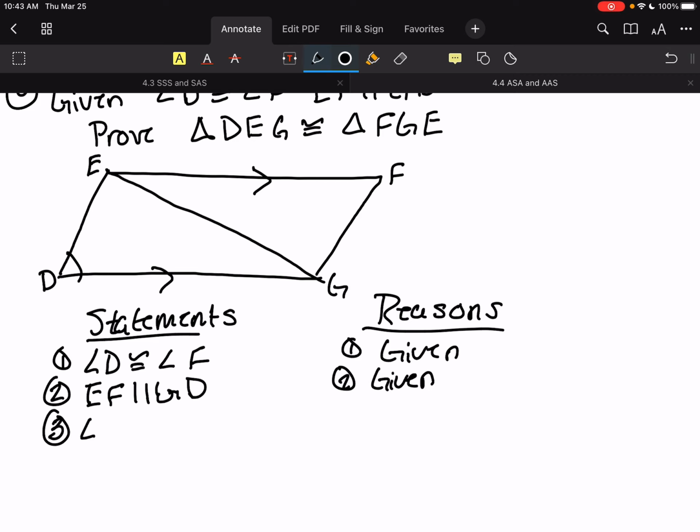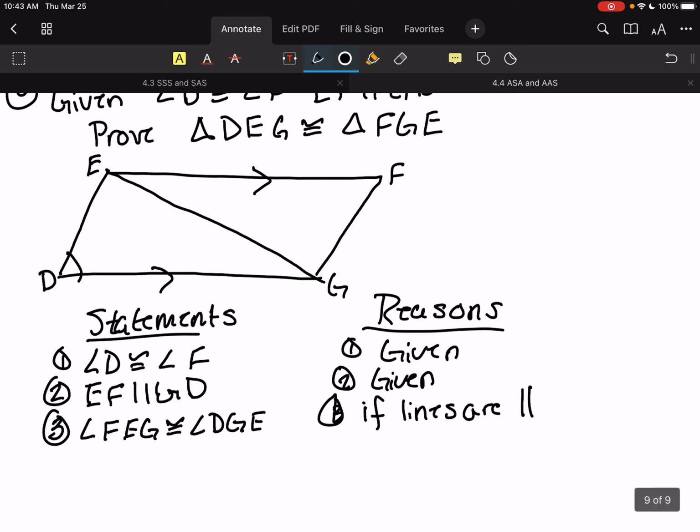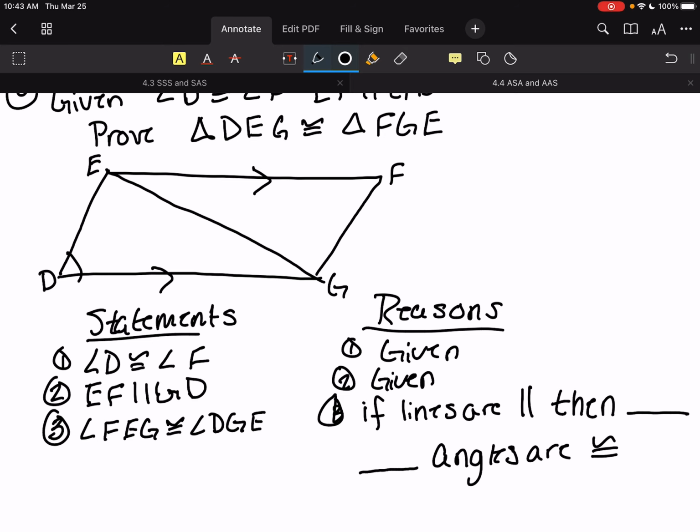Angle FEG is congruent to angle DGE, and the reason is if lines are parallel, then blank angles are congruent.